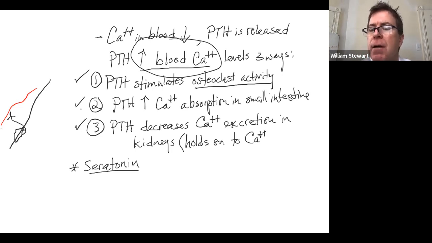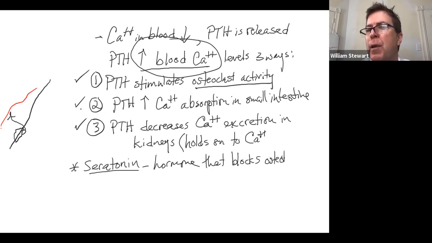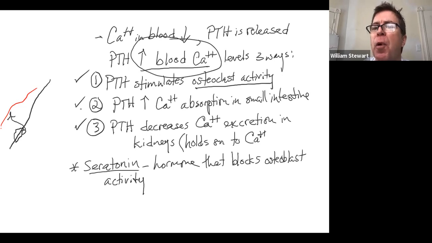So I'm just going to write serotonin, a hormone that sort of blocks or interferes with osteoblast activity. So it sort of keeps new bone from being formed in minor ways. It's not super dramatic, but it's worth mentioning.